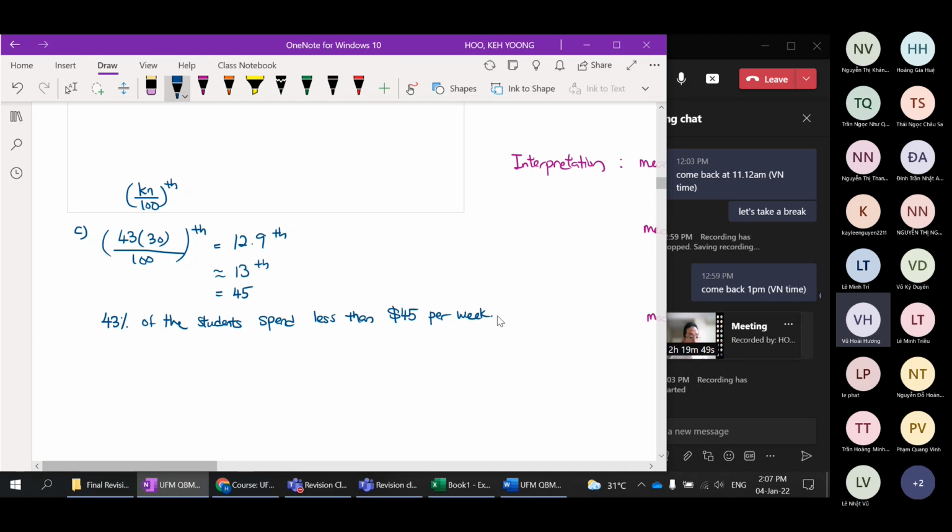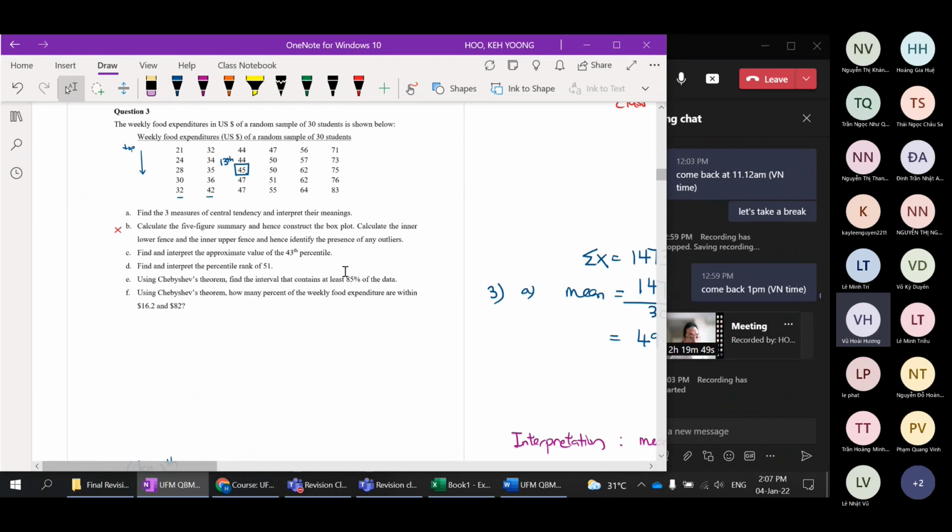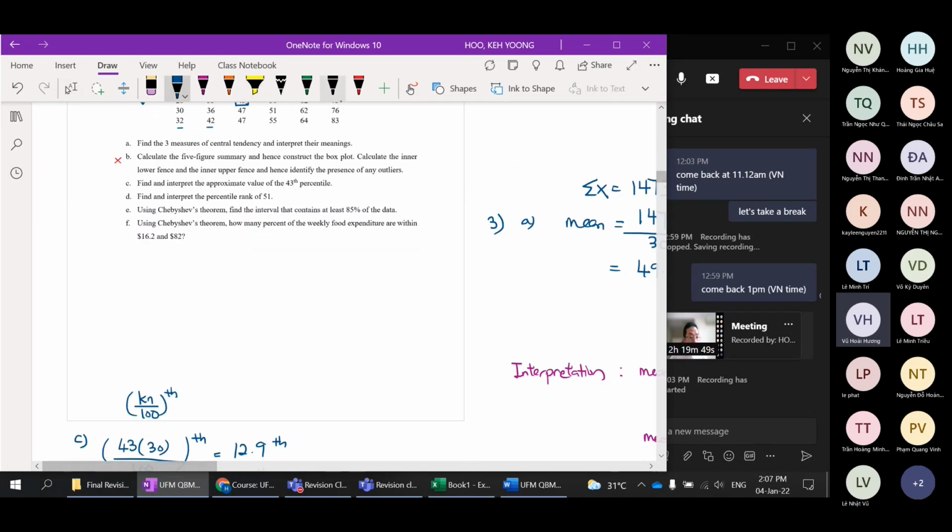Let's say, do we have our Q1? No, we didn't calculate it. Just as an example, if our Q1 is $30, which means Q1 is our 25 percentile, right? Which means 25% of the students spend less than $30 per week on food.